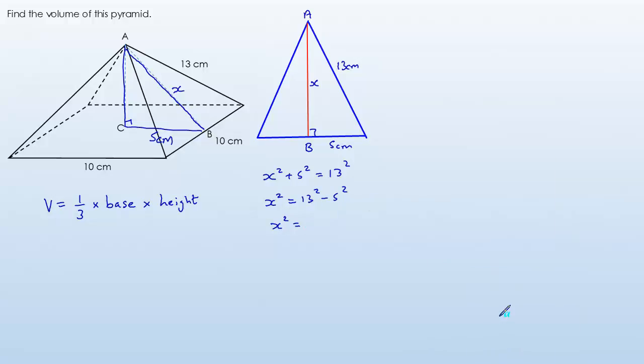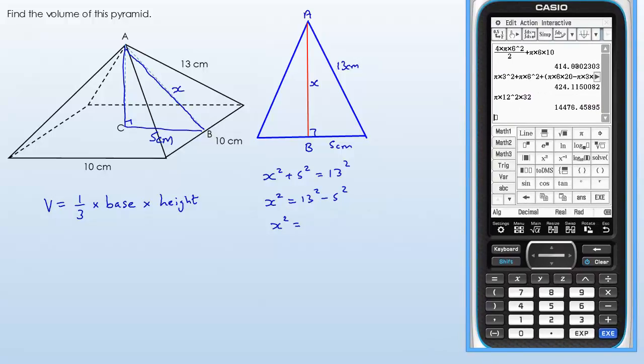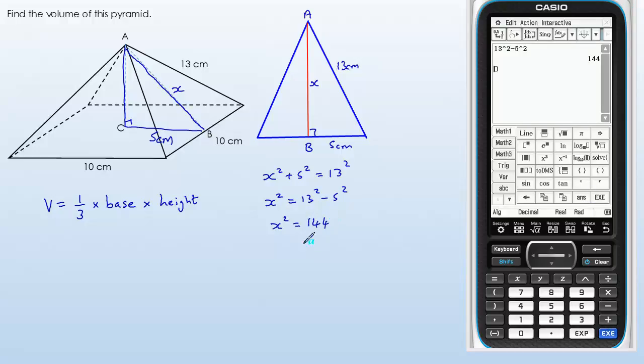So we can calculate that. So we'll just do 13 squared take away 5 squared. That's 144. And without calculating, I can see therefore that x is 12.